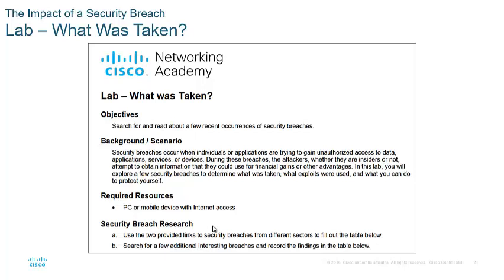In this lab, you will explore a few security breaches to determine what was taken, what exploits were used, and what you can do to protect yourself. What you need is a PC or a mobile device with internet access, and that is the second lab I'm going to send you to do.